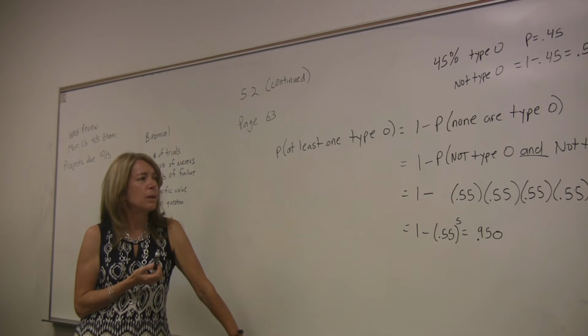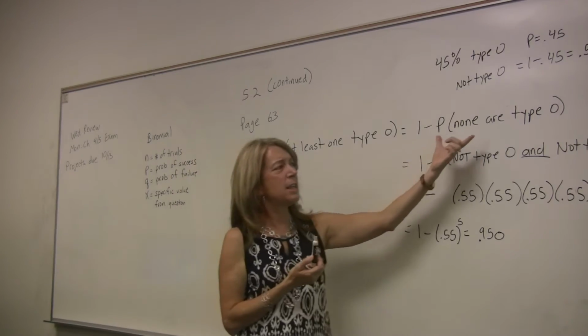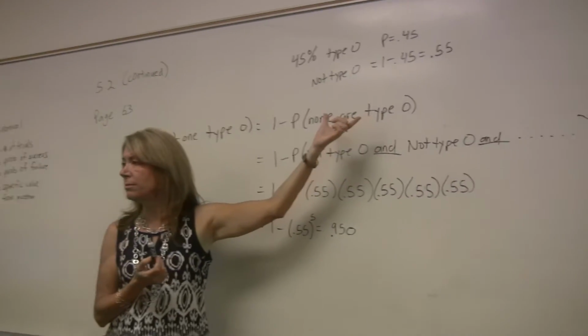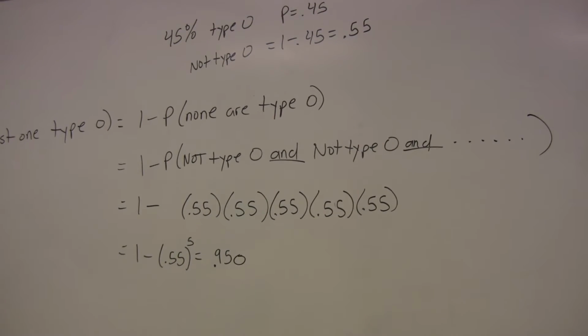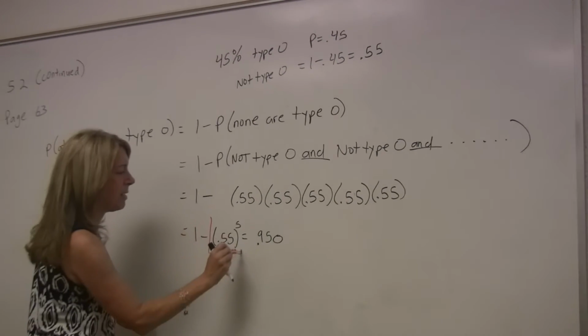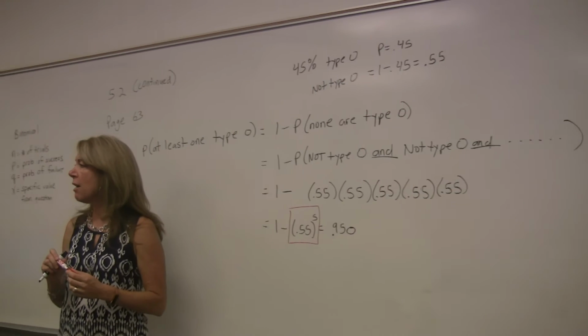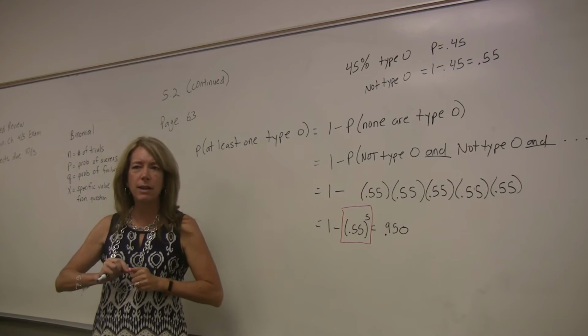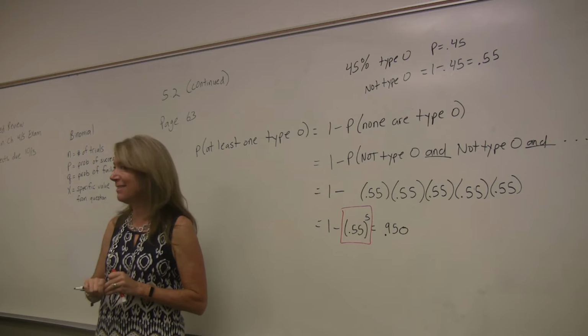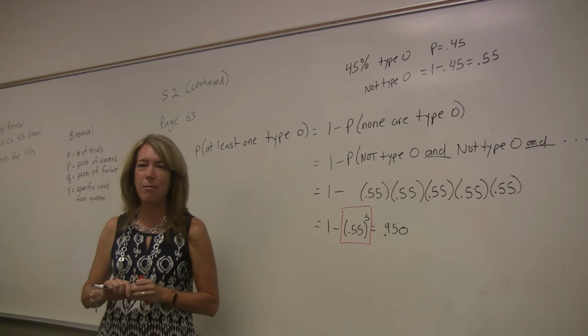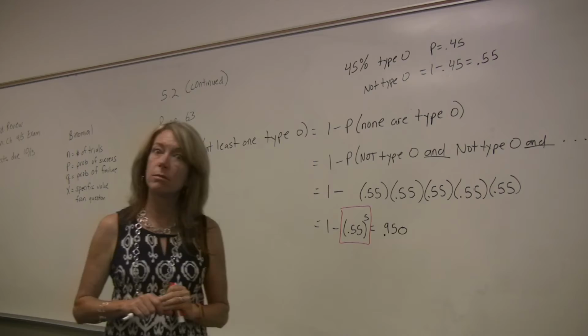So, what did we just find right here? That none are type O. That's what this part is, right? Nobody's type O. How many people are type O if it's none? Trick question. None means 0.